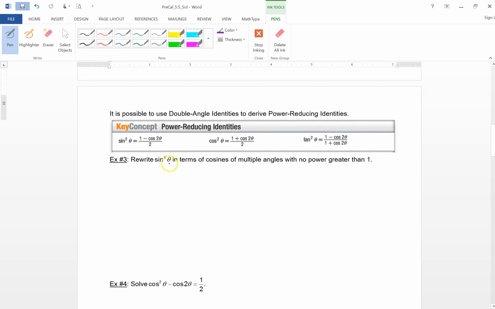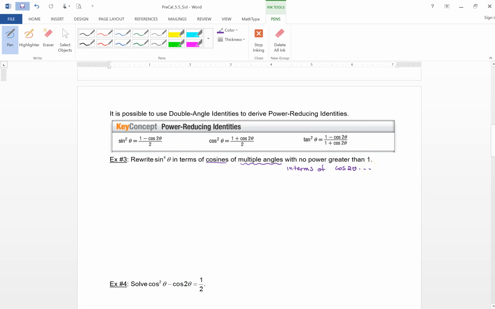So here is sine to the 4th theta. What we want to do is write it in terms of cosines of multiple angles with no power greater than 1. So we want to write it in terms of cosine 2 theta and so on.